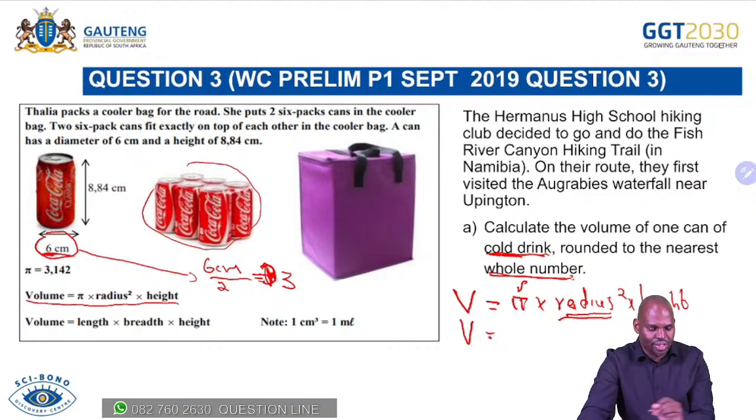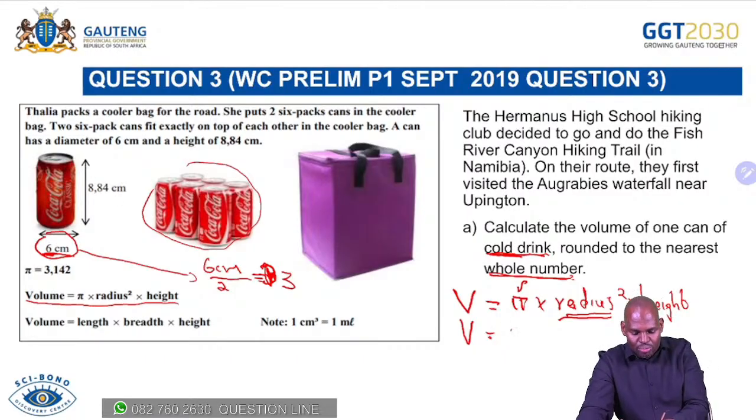The height is given there, 8.84. Is everything in the same unit? Our radius is in centimeters, and our height is also in centimeters. So now we can do the substitution. 3.142 times, open the bracket for the radius, which we said is 3. Then we square it, then we multiply by the height, which is 8.84.